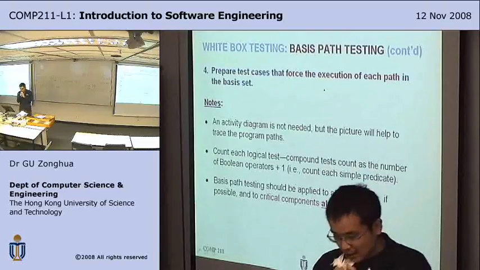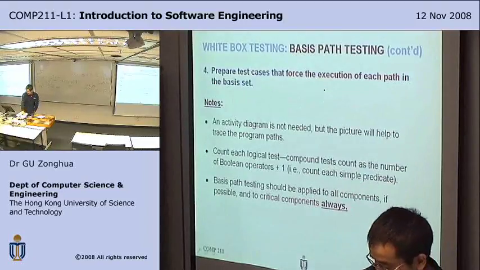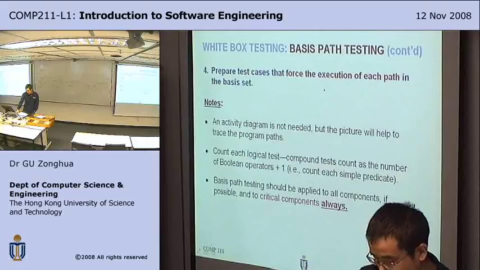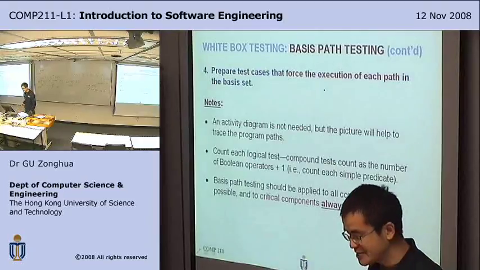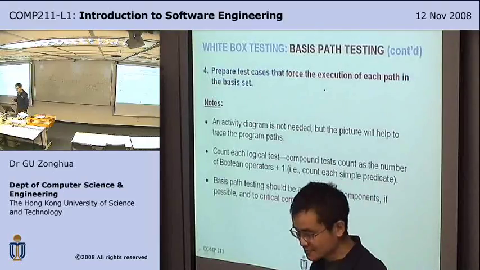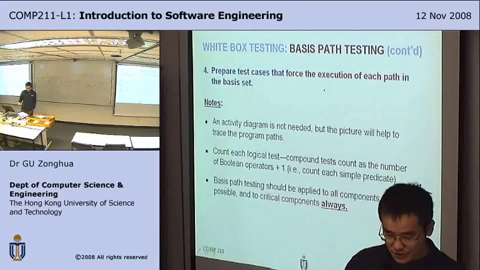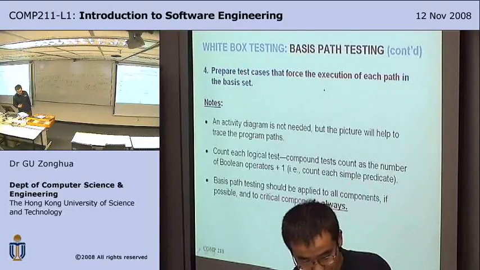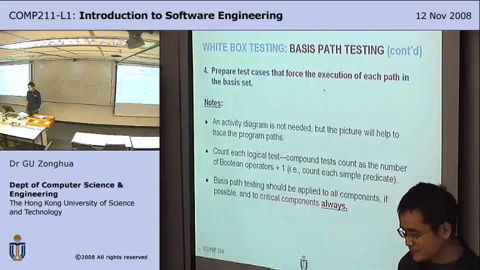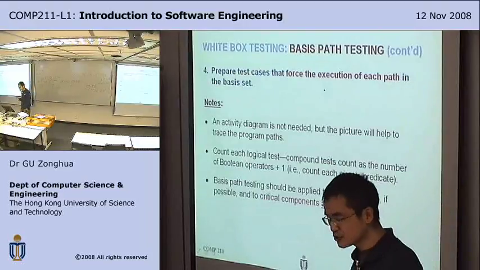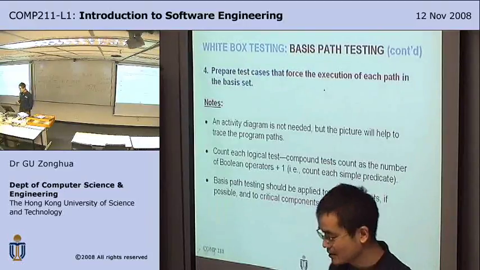Finally, you design test cases that force the execution of each path in the basis set. To do that, you just pick the inputs to force each of the conditional nodes to take a different direction.